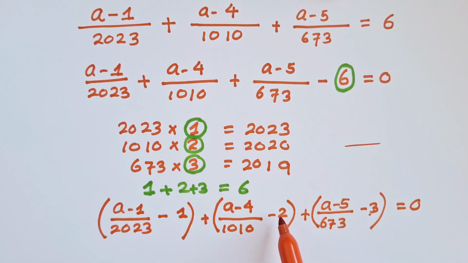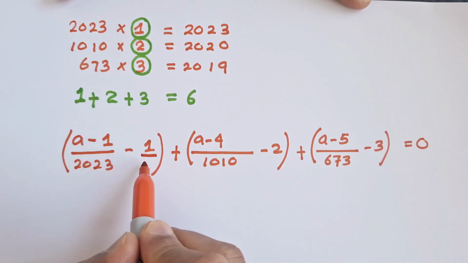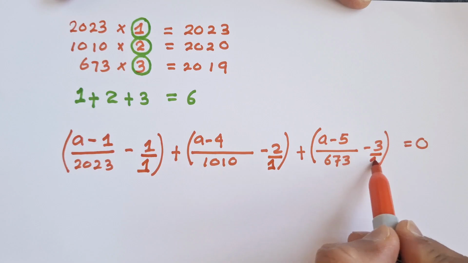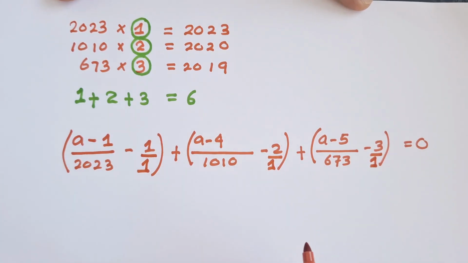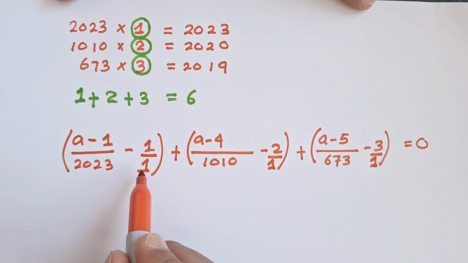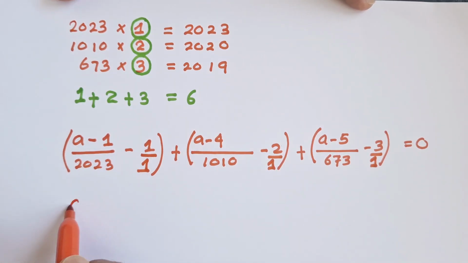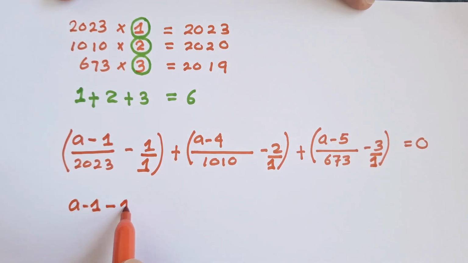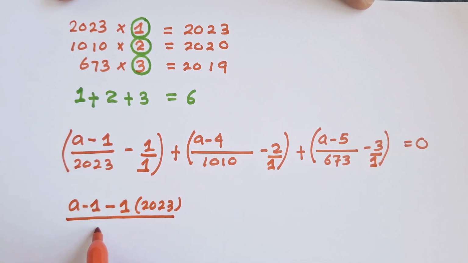So there is no harm to our original problem. Now I'm going to solve these fractions separately in the next step. Here inside the parentheses, I can rewrite 1 over 1. Here I can rewrite 2 over 1. Here I can rewrite 3 over 1. We can solve inside the parentheses in a general way. So here we have 1 times a minus 1 is a minus 1, minus 1 times 2023 divided by 1 times 2023, which is equal to 2023.